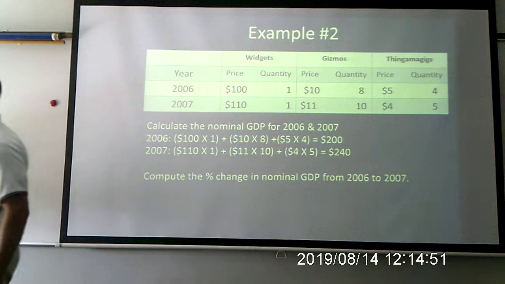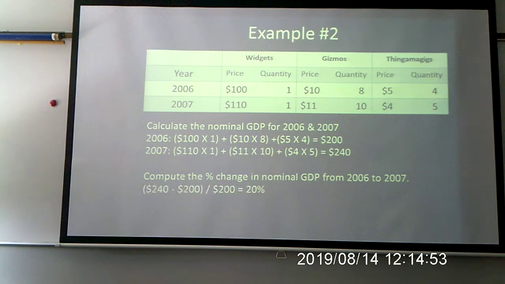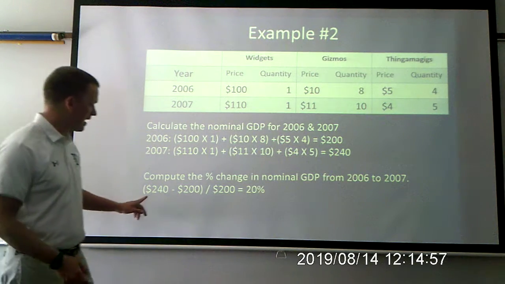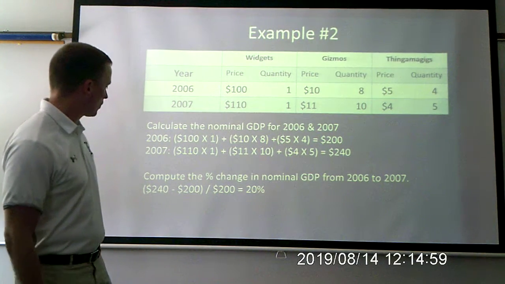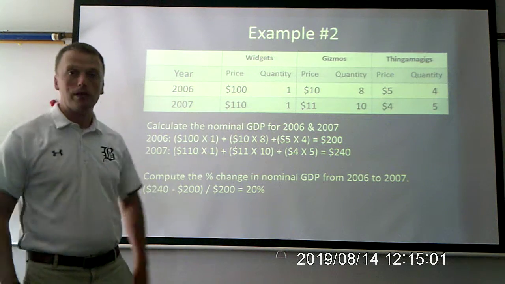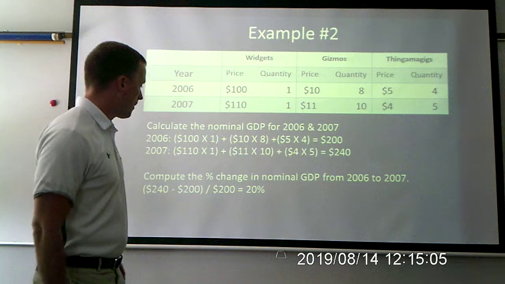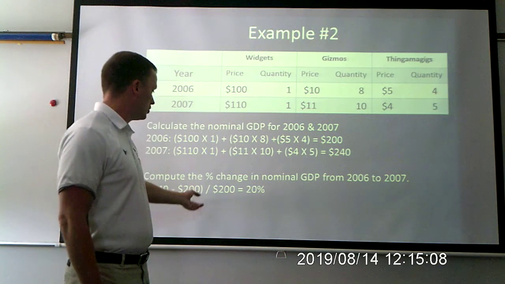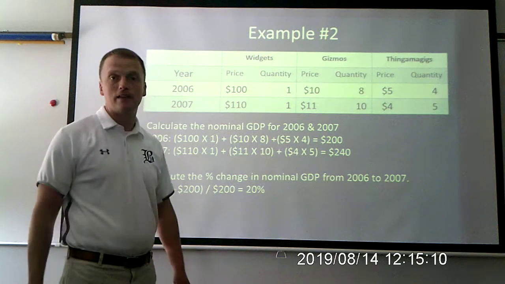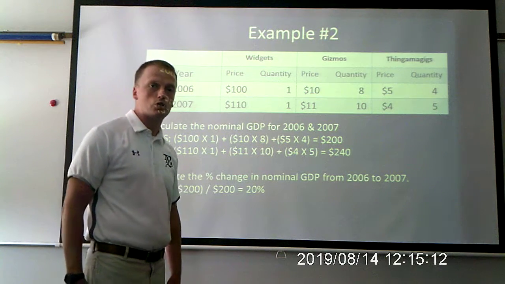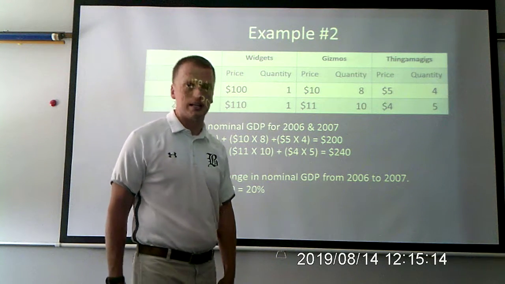So we get 240 minus 200, which equals 40. 40 over 200 as a fraction is 1/5, and 1/5 converted to a percent is 20%.